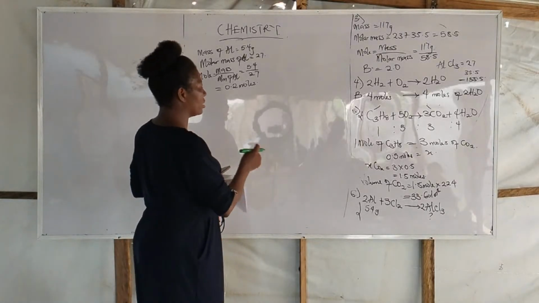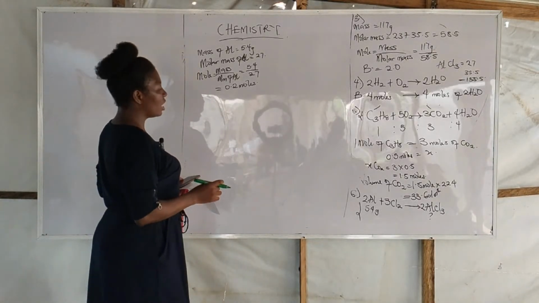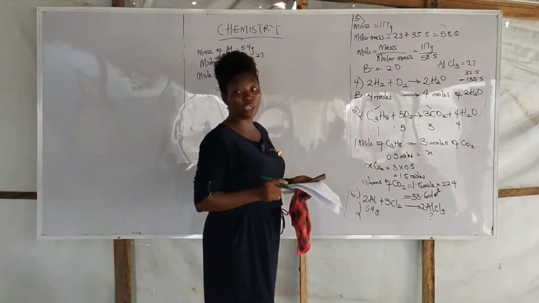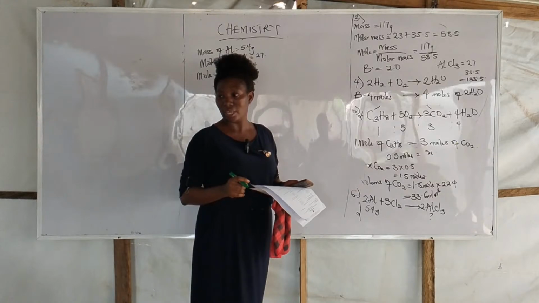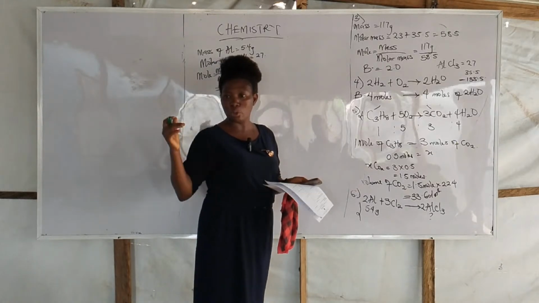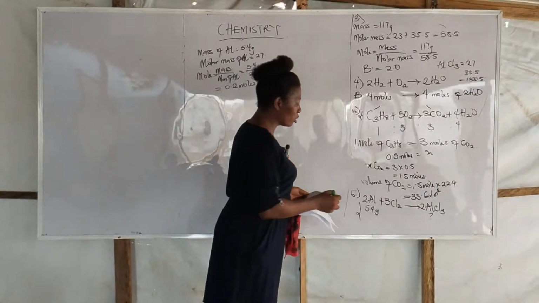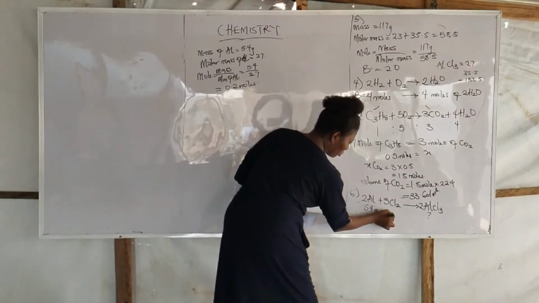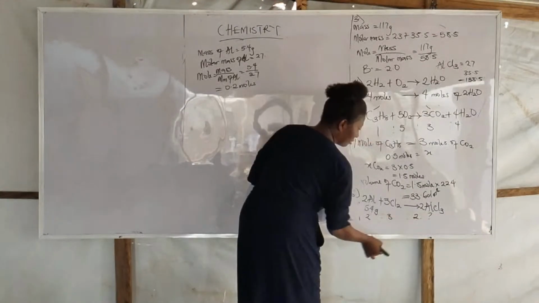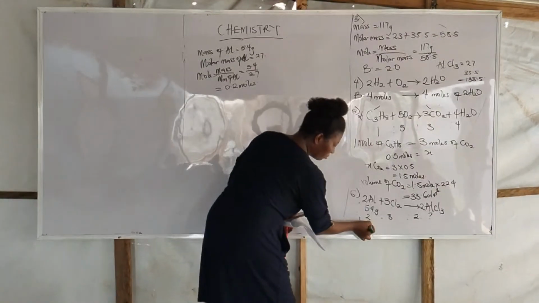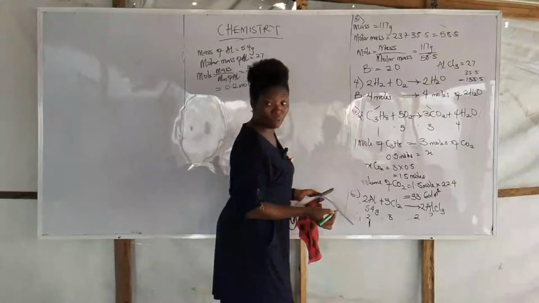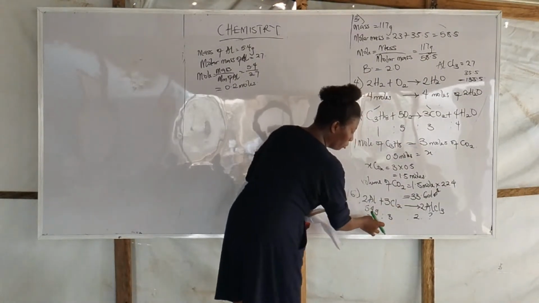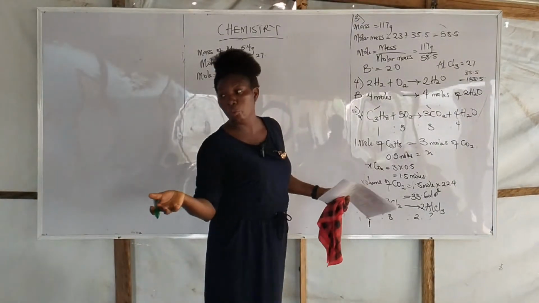Now, let's go back directly to the question there. If you're having 0.2 moles of this, let's look at the mole ratio here. We have 2:3:2, right? So if 2 moles of this is 2 moles, then 1 mole of this is equivalent to 1 mole. Am I right?